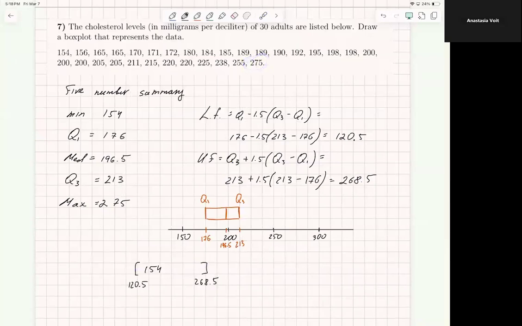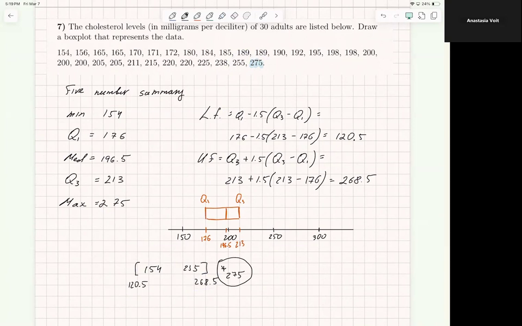So 275, that's somewhere outside, right? 275 is greater than 268.5. Okay, so this is an outlier. Let me mark that as an outlier. What about 255? 255 is still inside of the normal range, right? So that means that we have only one outlier.